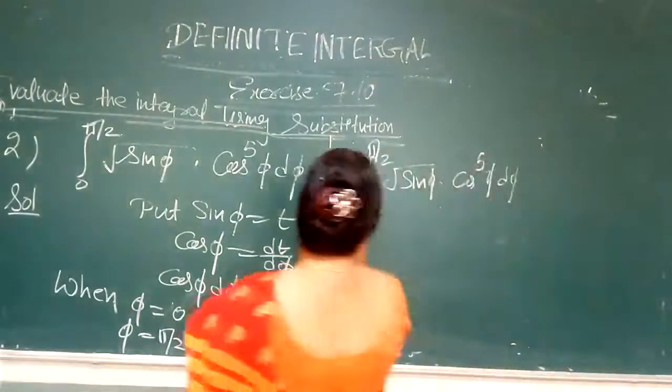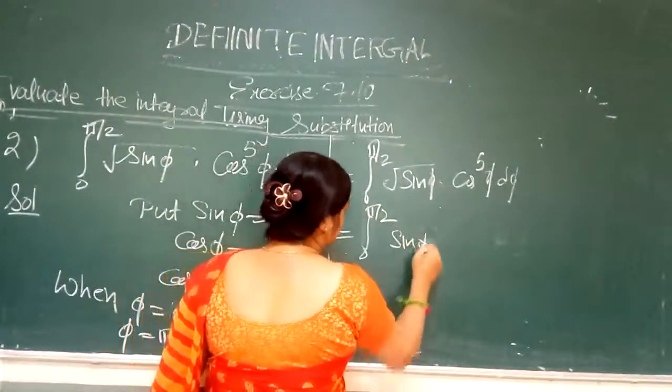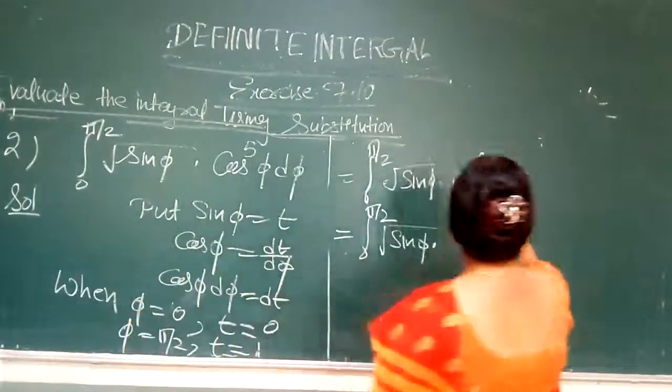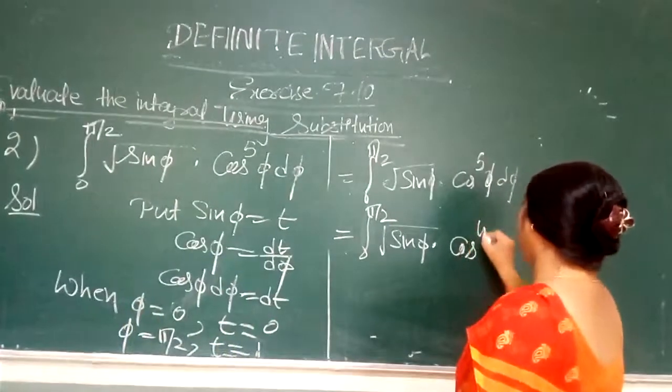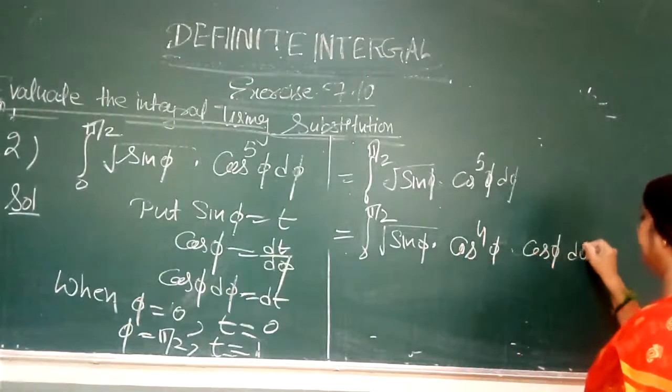Students, we can write this step in this form: sin phi is under the root, and cos to the power 5 phi we can break as cos 4 phi into cos phi d phi.